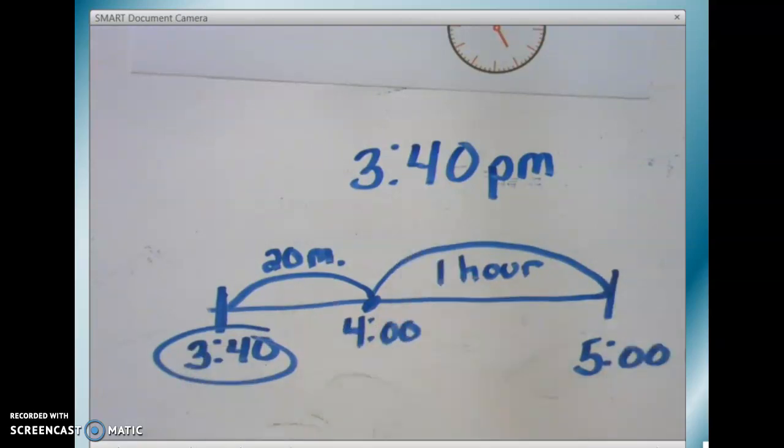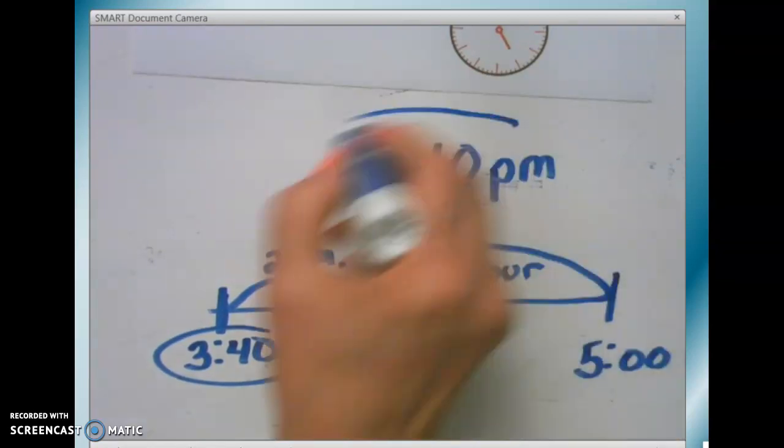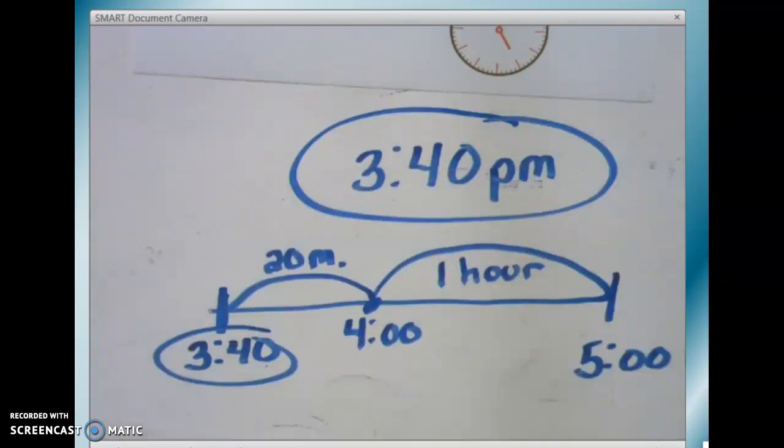Okay, so I think that's 3:40 p.m. was the start time. Okay, so the question asked, what time did they begin? I'm saying 3:40 p.m. Once you have your answer, just circle it for me so that I can find it. Okay, so 3 problems for you to practice with elapsed time. All right, boys and girls, you can get to work.